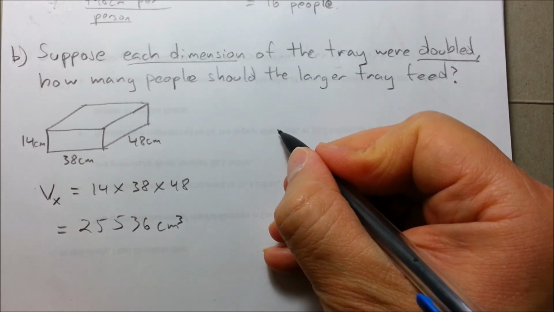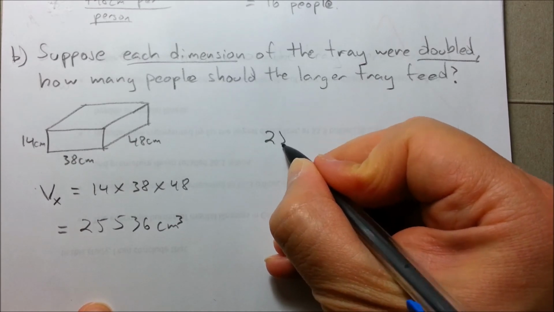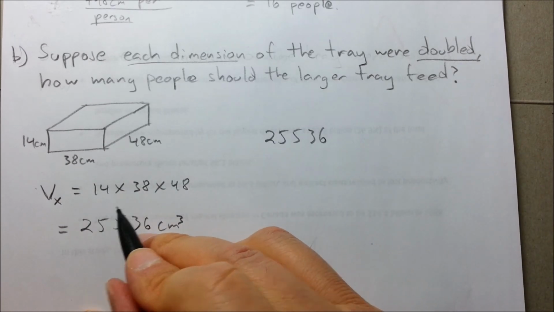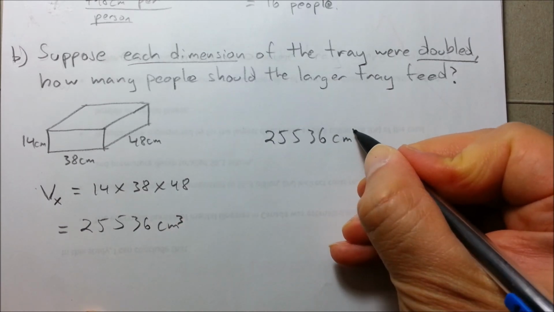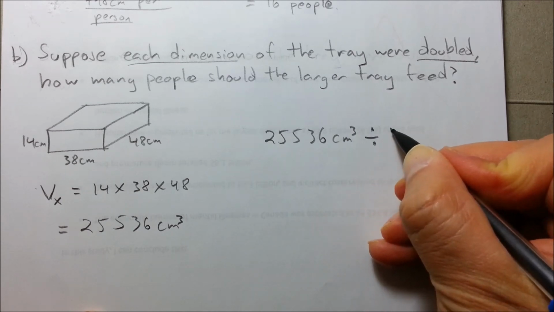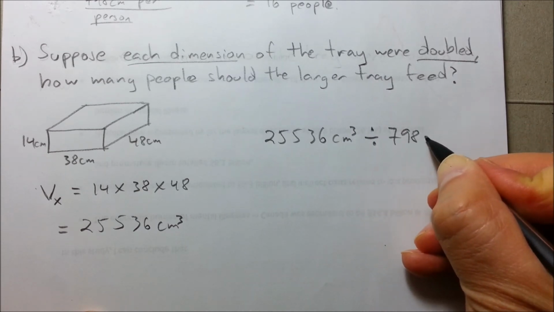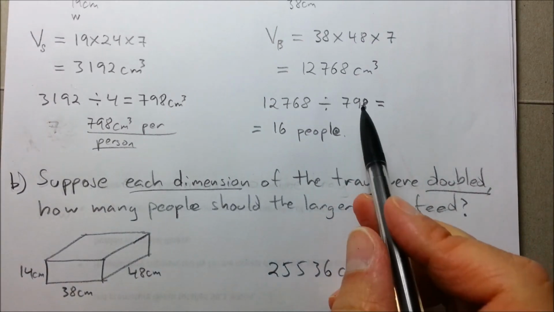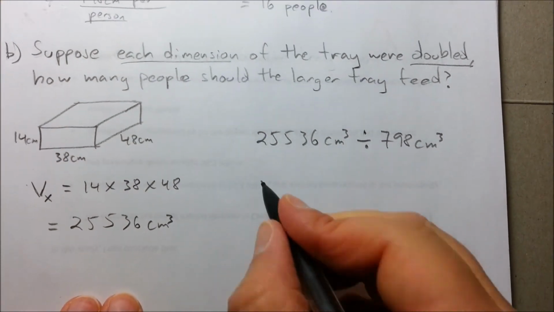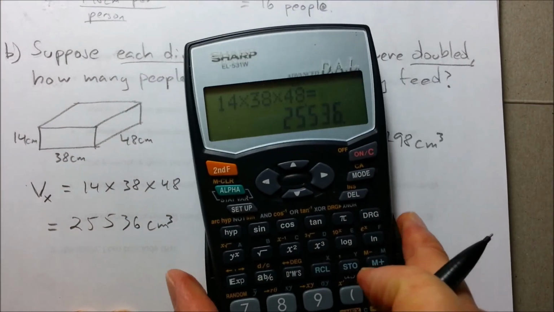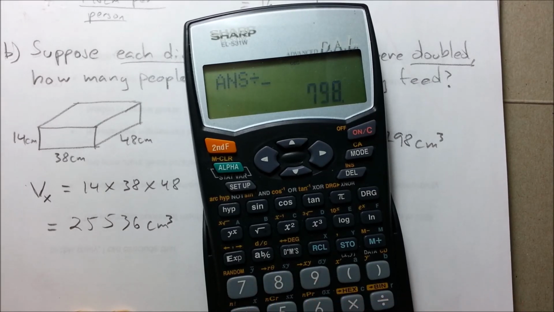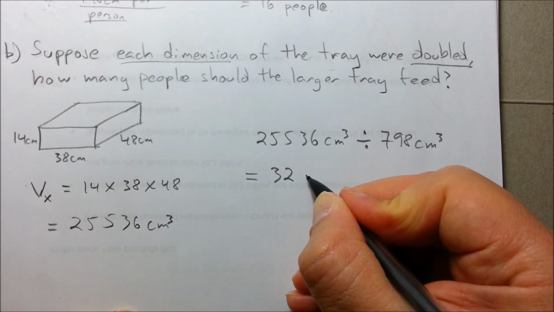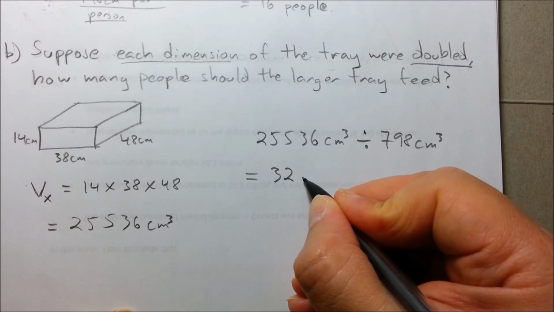And now all we have to do is divide the volume of this tray by the portion that each person takes, which we calculated previously as 798 centimeters cubed per person. Let's divide these two, and divided by 798, we get, wow, 32 people. 32 people.